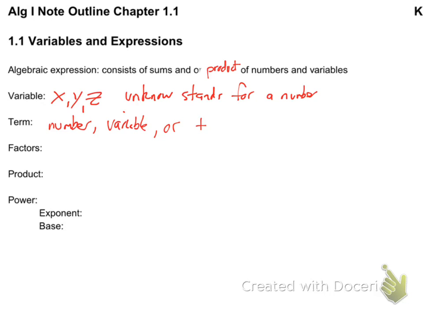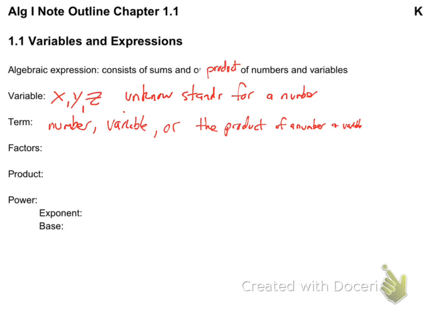Or the product of a number and variable. When I say that, it could be multiple variables. The products of numbers and variables, I should say. Or variables. It's variables at the end. Okay?